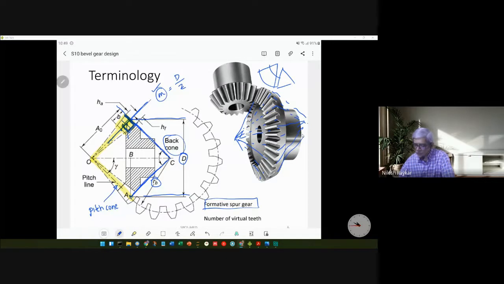For that purpose, we use the radius of the formative gear equal to the slant height of the back cone. So these are the two things to be noted. Why we use this particular radius, that explanation is given in the textbook. So you just have to go through that. I'm not covering it here.